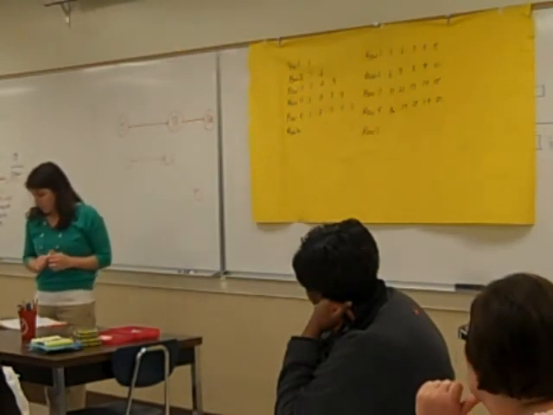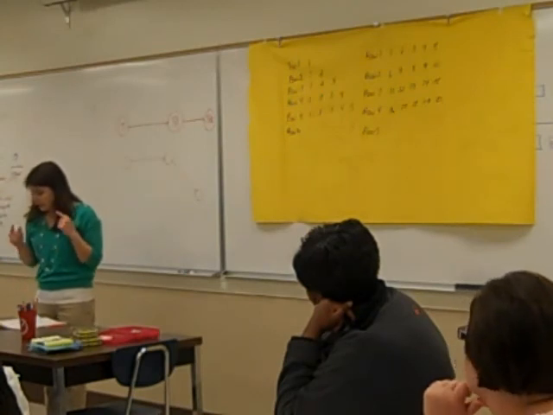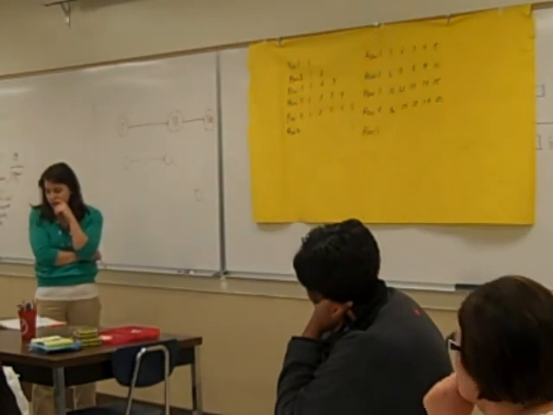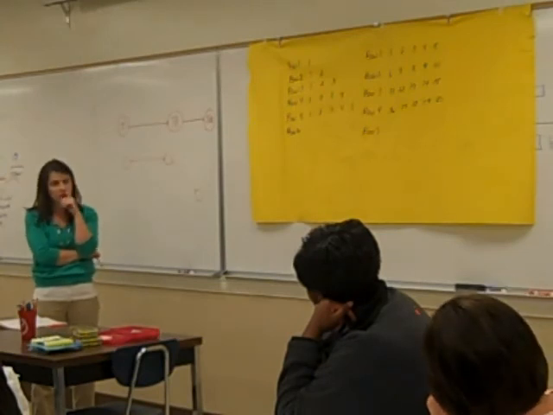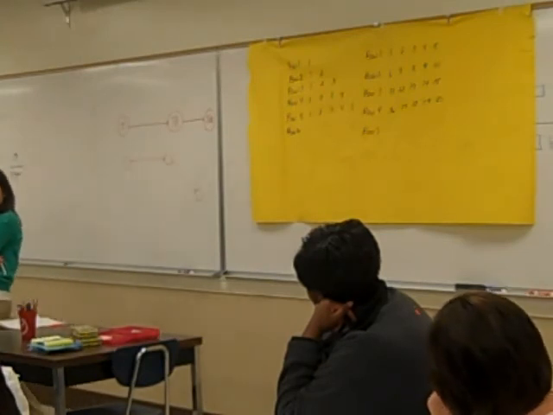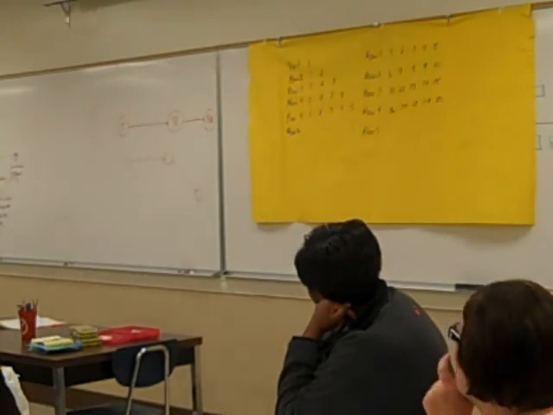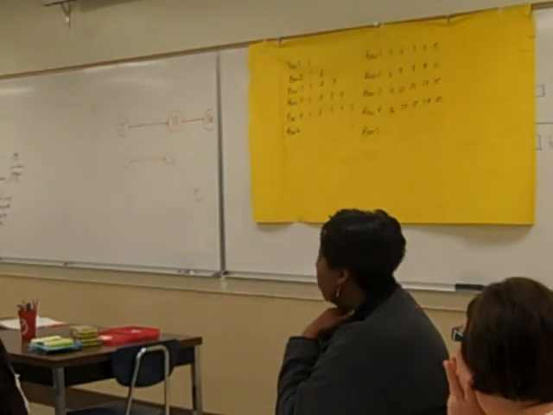Okay, so what we're going to do today is go a little further with this for a second. If I asked you, what would be the first number in row 7? 31. How do we know that? Row 6 ended in 30, and I added 1.